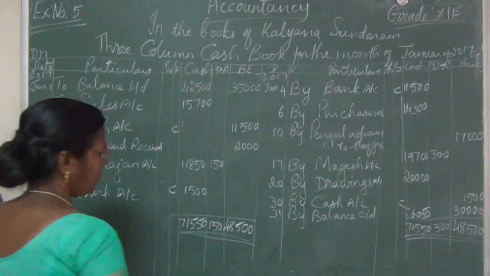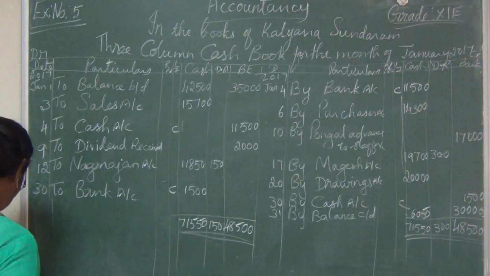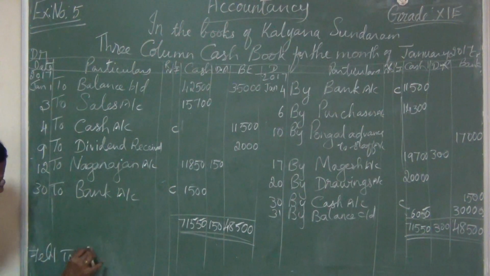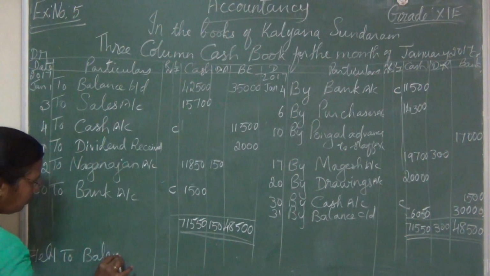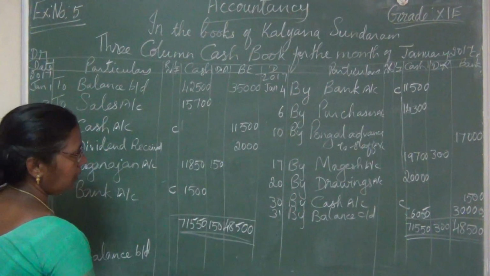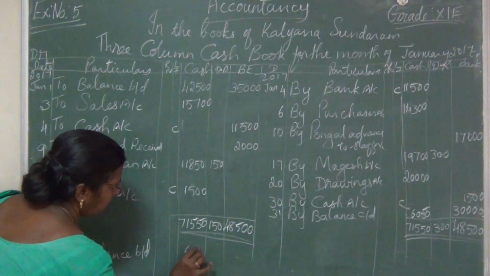Now we have to write the closing balance as the opening balance in the next month. Next month is February, isn't it? February 1, to balance brought down. Cash 6,050.